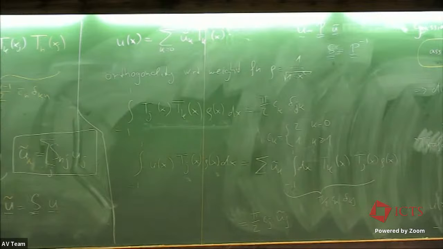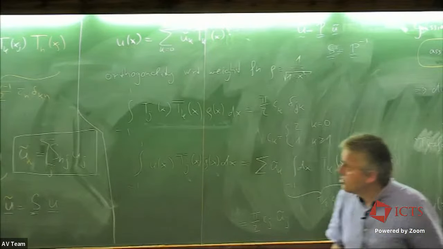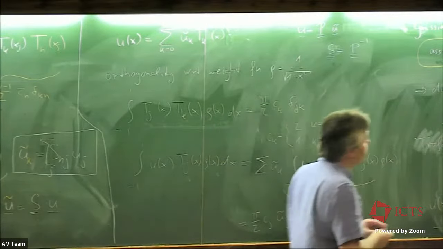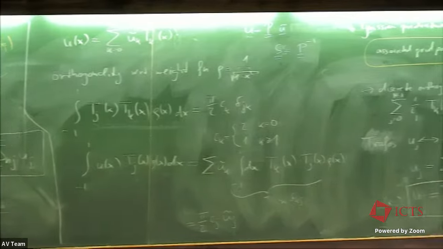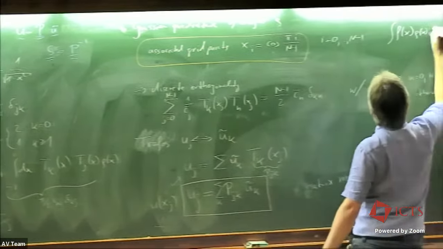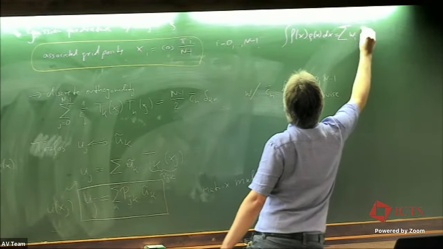The discrete orthogonality condition, so there should be rho x_j. No, there's no rho, because the way the Gaussian quadrature rules work is the integral of f of x times rho dx is the sum of the weights times f of x_i.